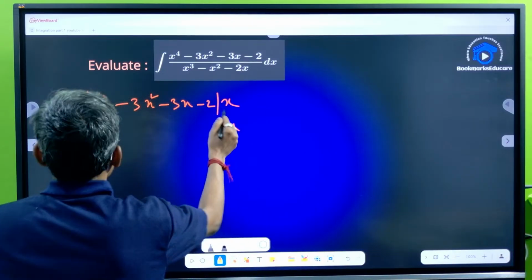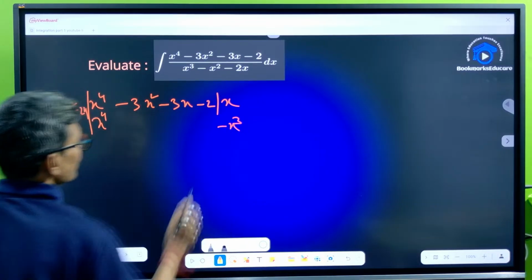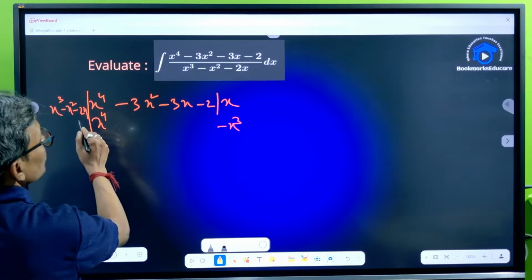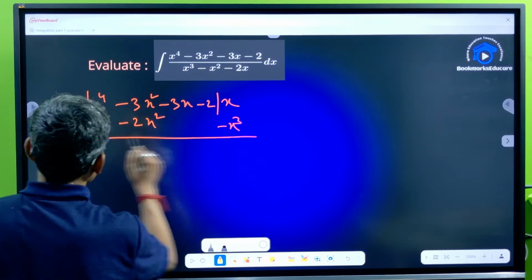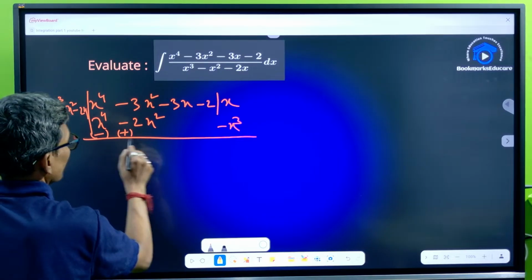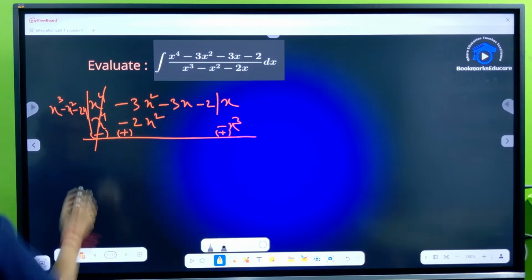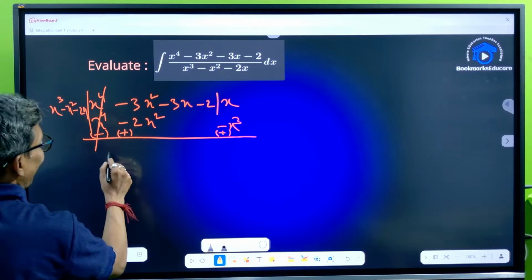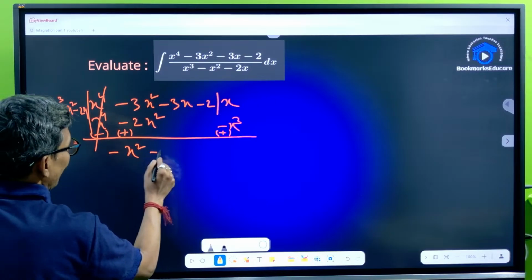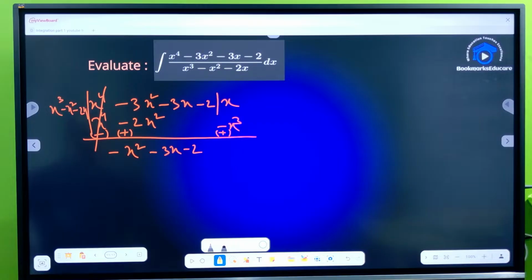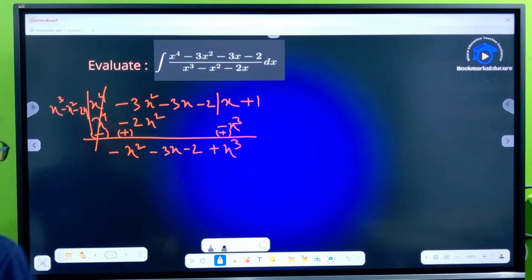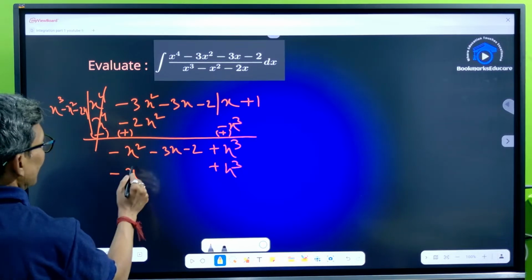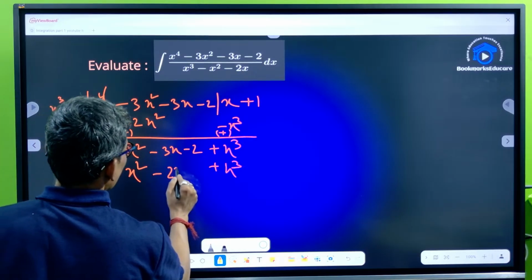Minus x into x square means x cube, x into 2x minus 2x square, so minus plus plus, so this will be cancelled out, minus x square minus 3x minus 2 plus x cube, so plus 1, so plus x cube minus x square minus 2x.